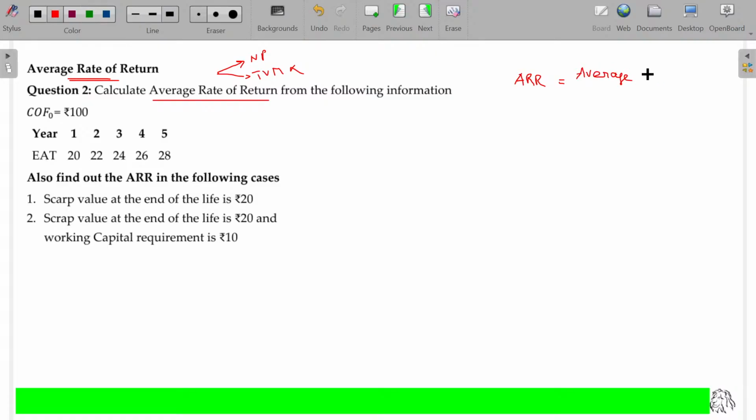Average PAT or EAT represents earnings after tax, net profit in general, divided by average investment. Average investment. That's all.